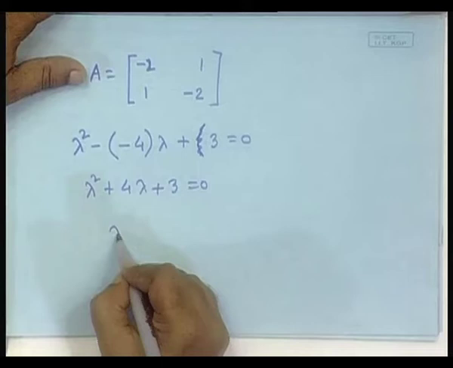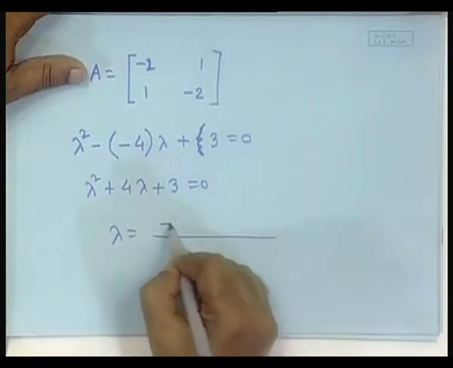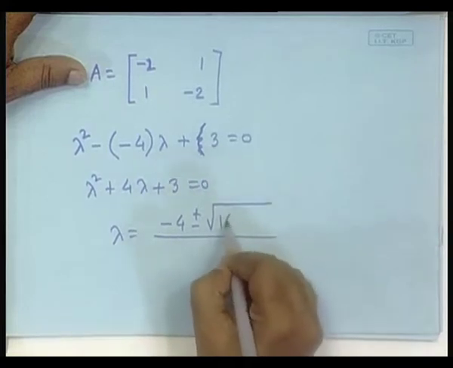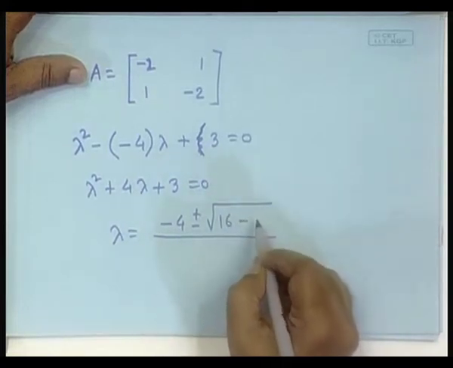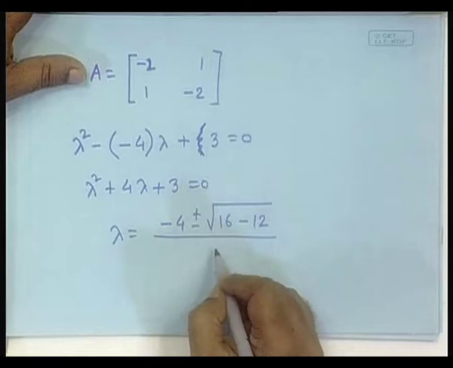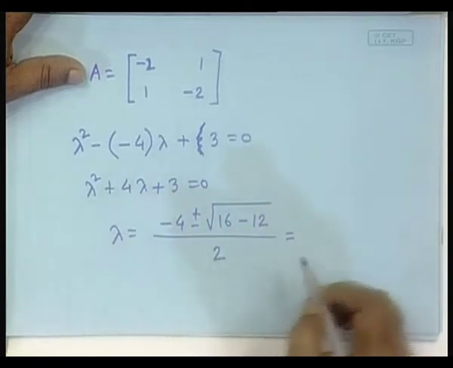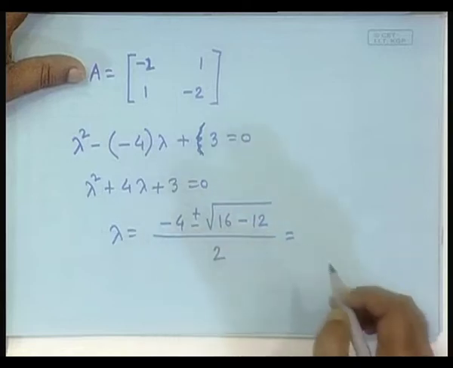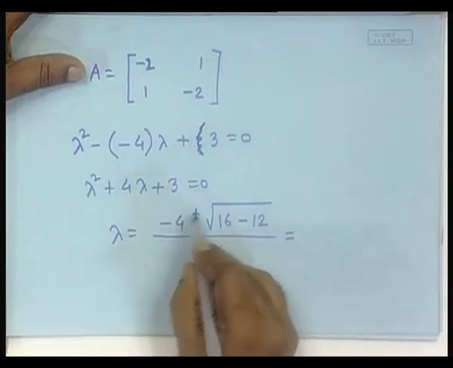So, the solutions are minus 4 plus minus root over 16 minus 12, by 2, which is 4 root over 2.